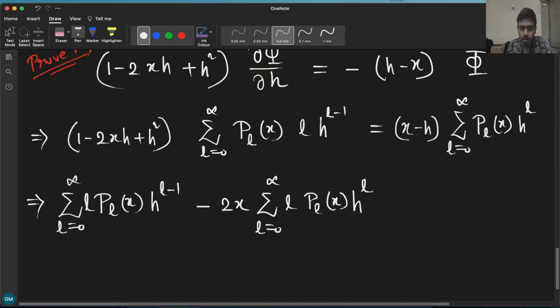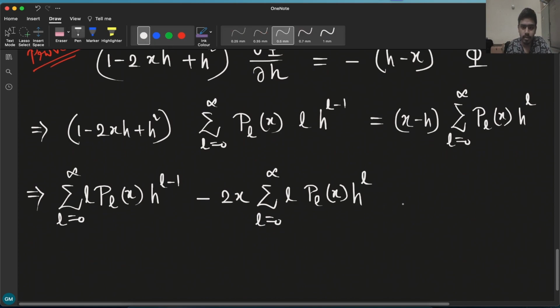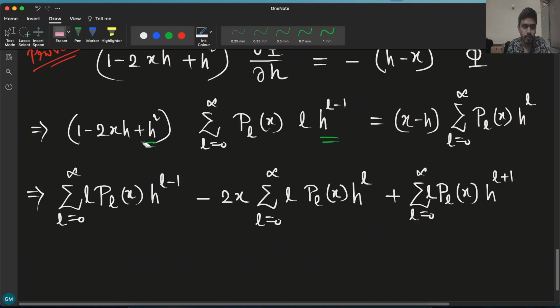And the third term will be plus sum over l equals 0 to infinity l times P_l(x) h to the power l plus 1, because here there is h squared and here h to the power l minus 1.